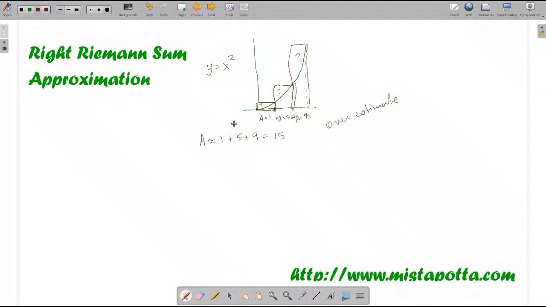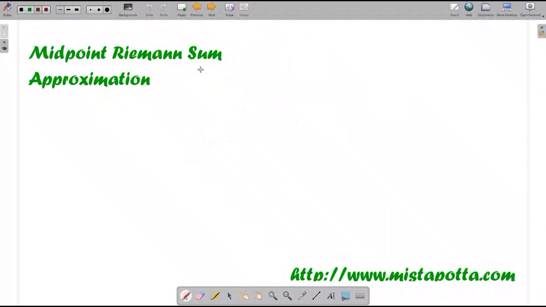So the thing is, a left Riemann sum and a right Riemann sum have their difficulties, because I'm either going to be including area that I don't want, or I'm going to be excluding area that is actually part of my curve. But Riemann also came up with the notion of using a midpoint Riemann sum approximation.